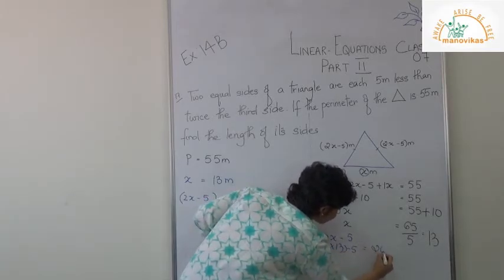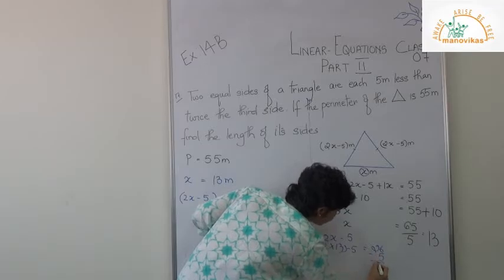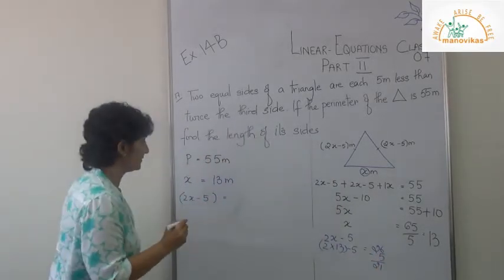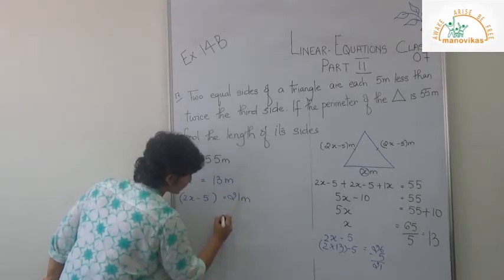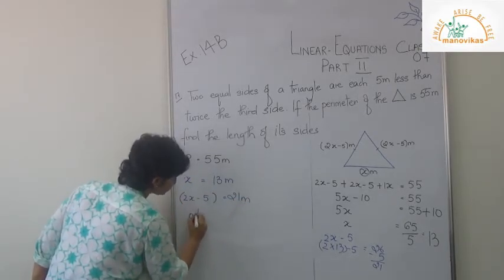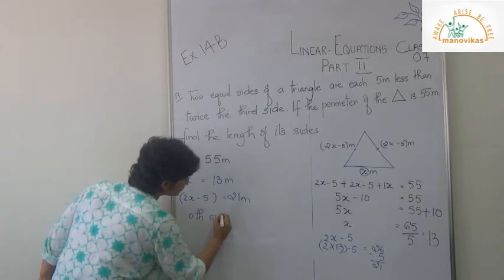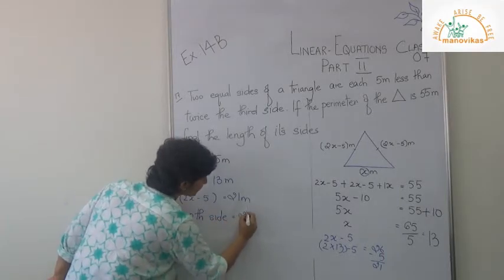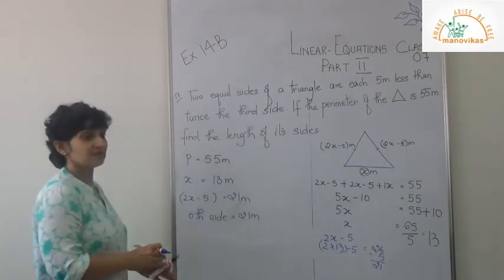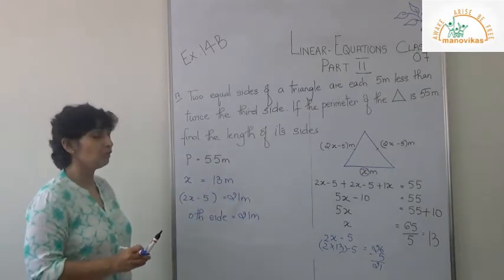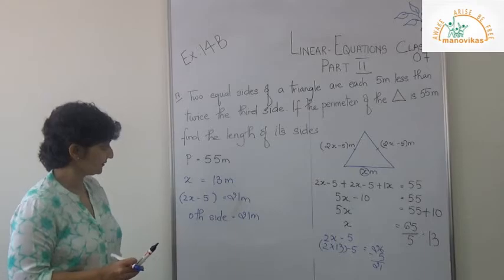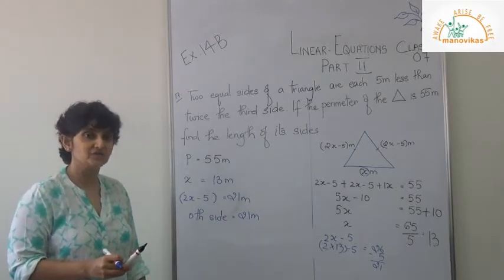So that is 26 minus 5, which gives me 21. So this is 21 meter and the other side also will be 21 meter. So 21 plus 21 plus 13 will give you 55 meter. Is that clear? Have you all understood?